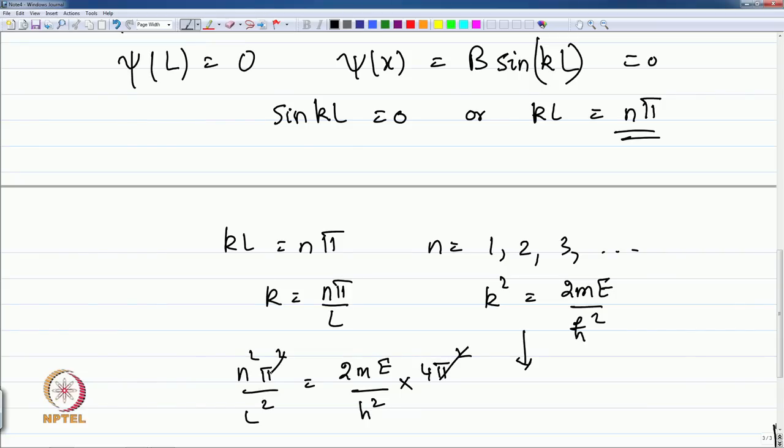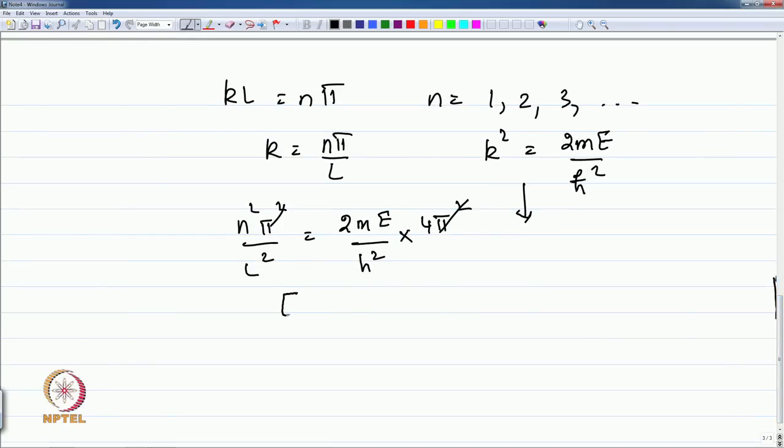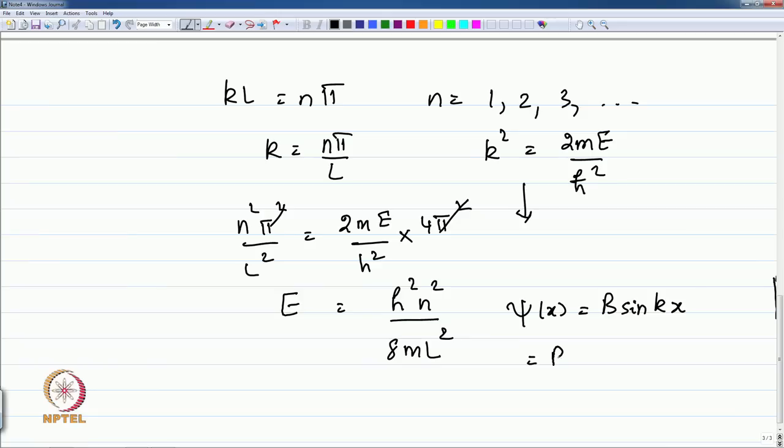Cancel things off and you immediately get the solution, namely E is equal to h²n² by 8mL². And what is the solution for the wave function? ψ of x is b sin kx, which is b sin nπx by L, because k is nπ by L.